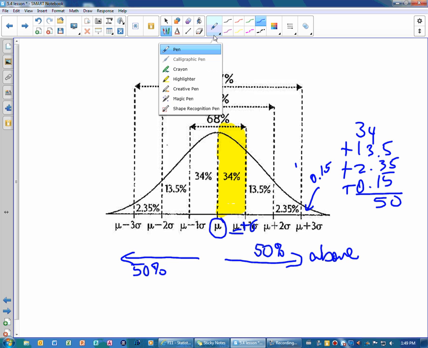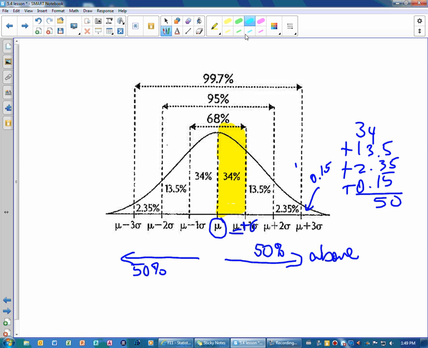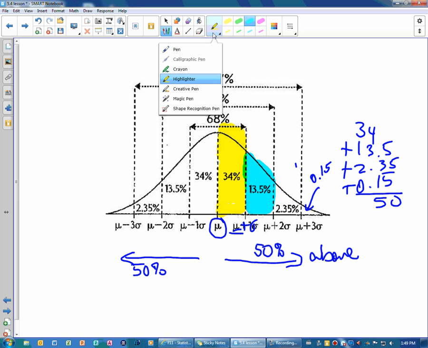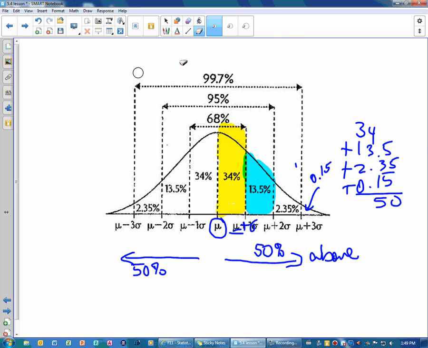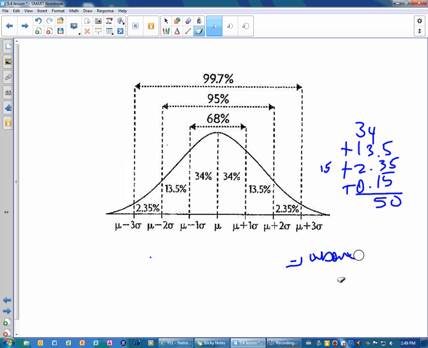Then the next section, where 13.5% of the data should fall, is the range from the mean plus 1 standard deviation to the mean plus 2 standard deviations, etc. Okay, so let me erase all this stuff, and then let's start from the beginning.